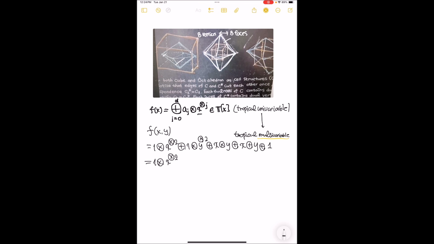That is x times x, but there is no y. That means we can express this monomial like this.